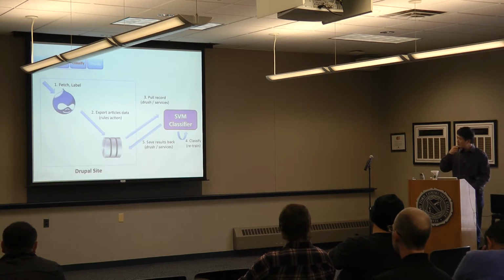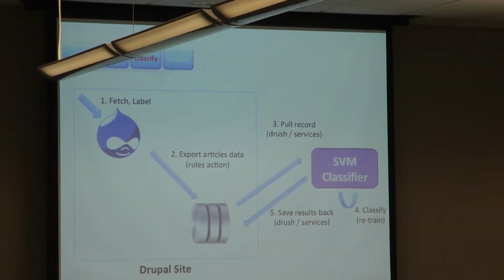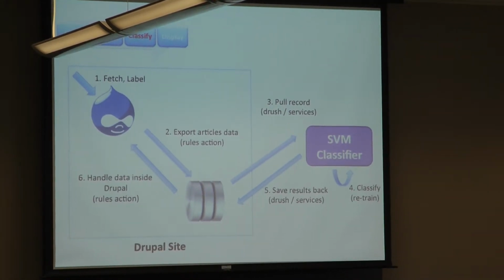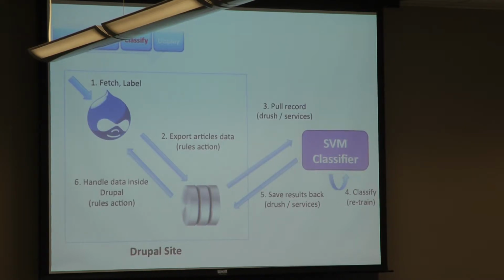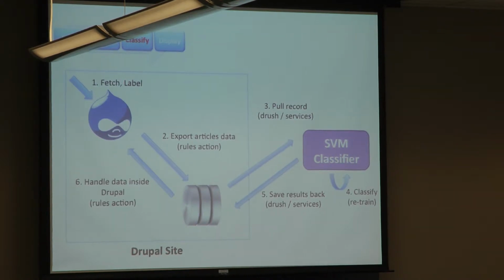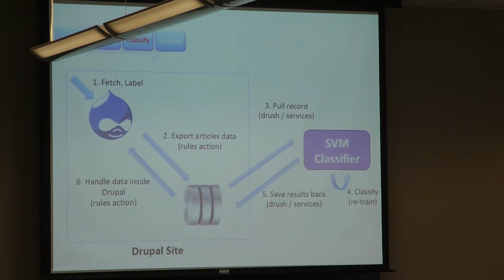Once the classification is done, the results are saved back into the same computing record, and the classifier marks the record as done, which then triggers another rules action for Drupal to take those classification results and write them back into the article node, into the field which saves the political leaning data. So this whole process is fully automated. Once a new article comes into the system, it triggers all of this, and you get articles labeled as either conservative or liberal and saved in the Drupal database.